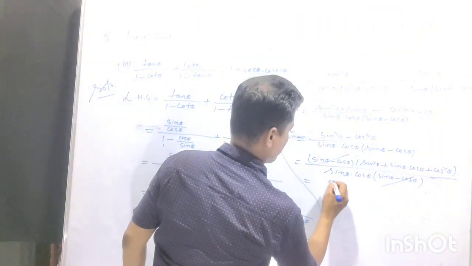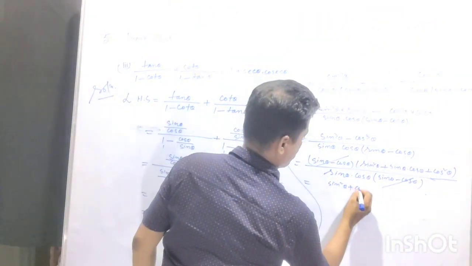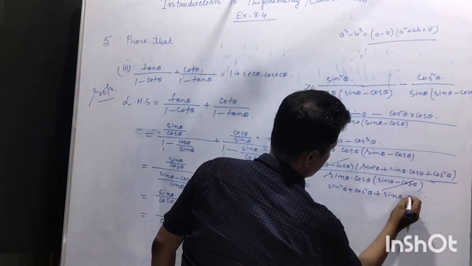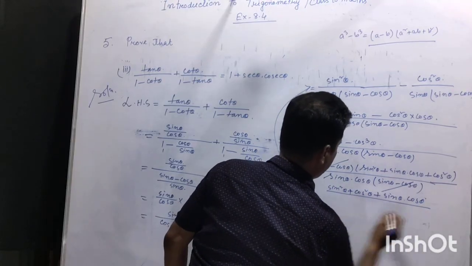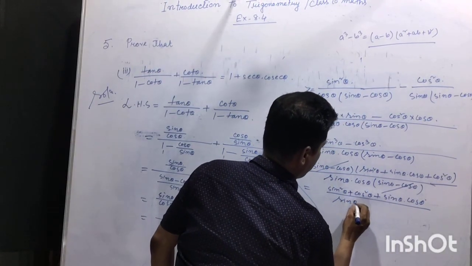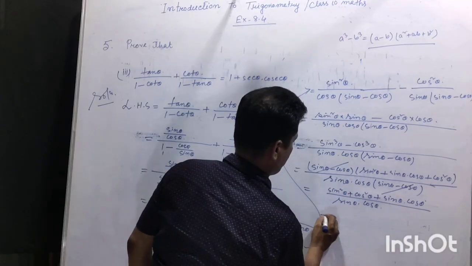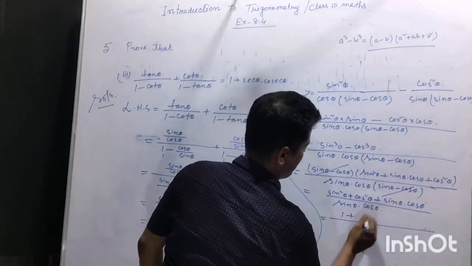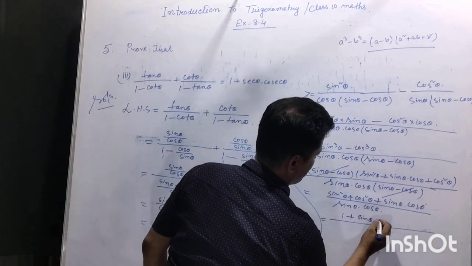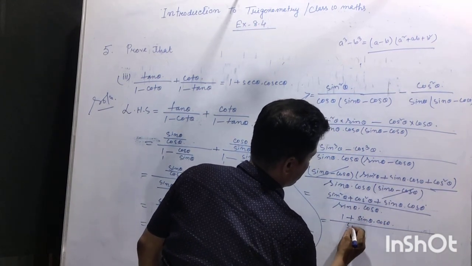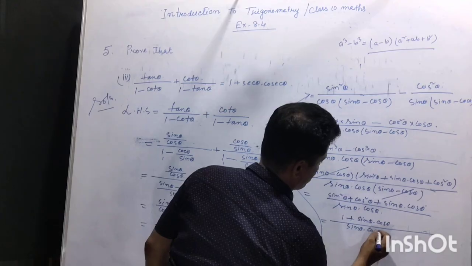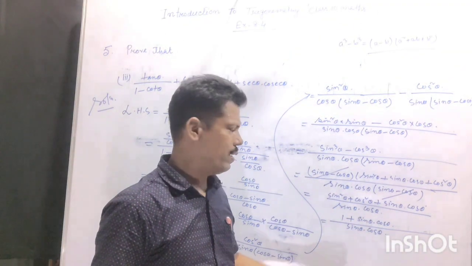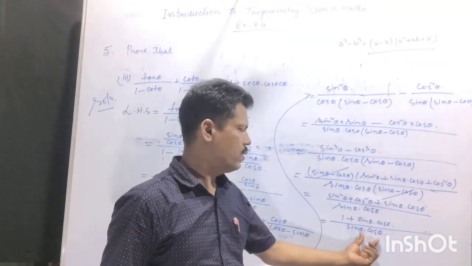So we write sin square theta plus cos square theta plus sin theta into cos theta, divided by sin theta into cos theta. Now sin square theta plus cos square theta means 1, plus sin theta into cos theta, by sin theta into cos theta.